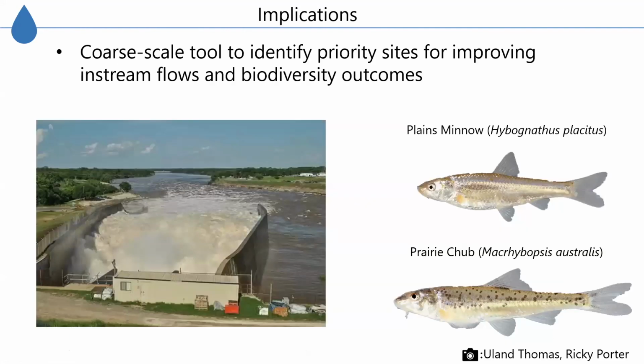So the implications of this coarse scale tool is to maybe identify some priority sites for improving in-stream flows and biodiversity outcomes. Ideally, we want to maintain some sort of natural flow regime below these reservoirs to help out species like the plains minnow and prairie chub that are declining species throughout the region.